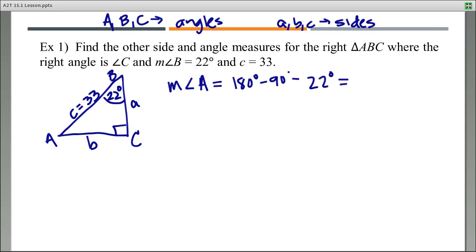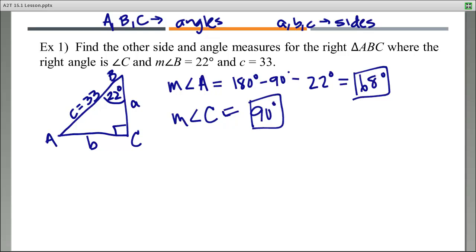So you end up with angle A is 68 degrees. And the measure of angle C is 90 degrees. All right, and then we need to find side a and side b.